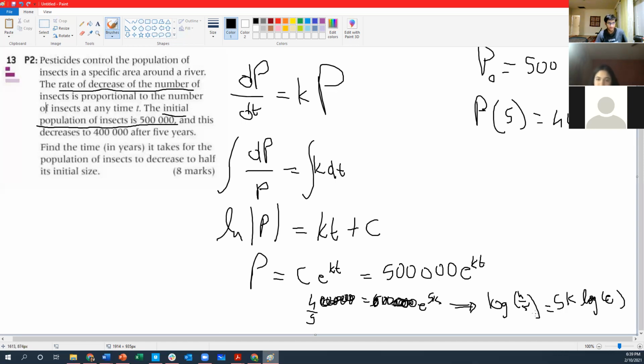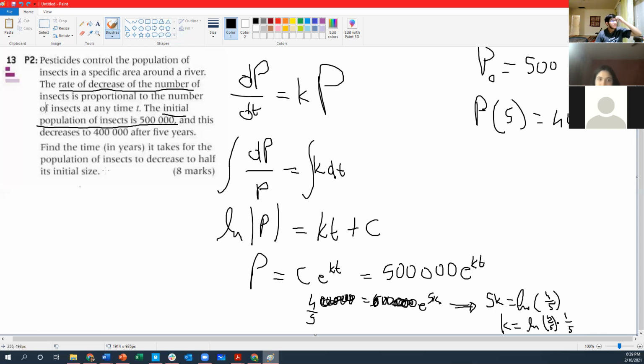But I'm going to do it the other way just because it's a little bit easier to take the natural log. So if you take the natural log of both sides, you're going to get 5k equals the natural log of 4/5. And then k equals natural log of 4/5 times 1/5. I don't know what that's going to be, but that's your k value, okay?